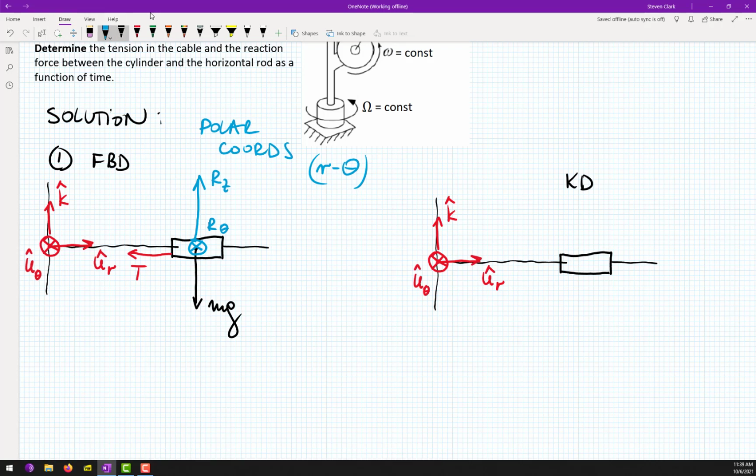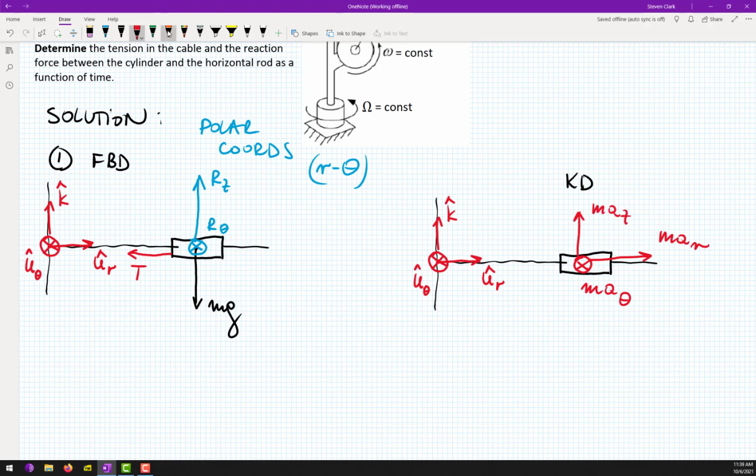Okay, so now our accelerations. We have MAR pointing this way, MA theta pointing this way, and MAZ pointing this way.